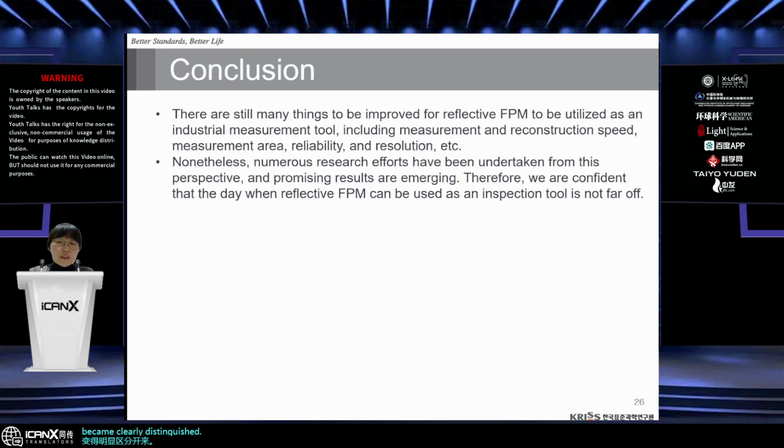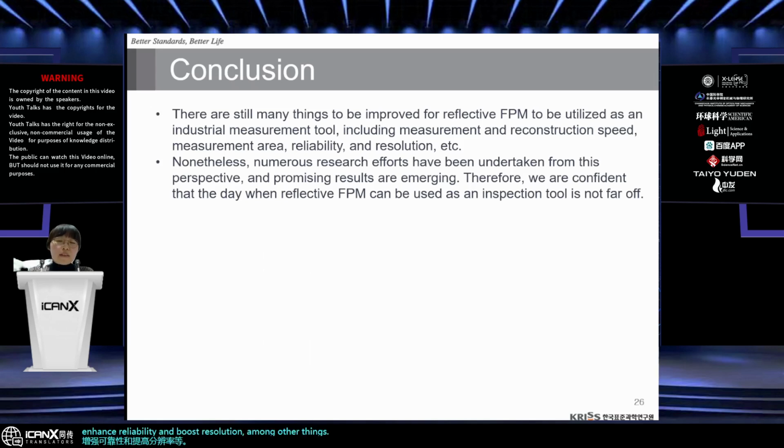So in conclusion, there's still work to be done to make reflective FPM a practical tool for industrial measurements. We need to improve the speed of measurement and reconstruction, expand the area we can measure, enhance reliability, and boost resolution, among other things.